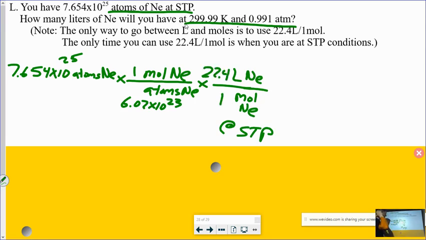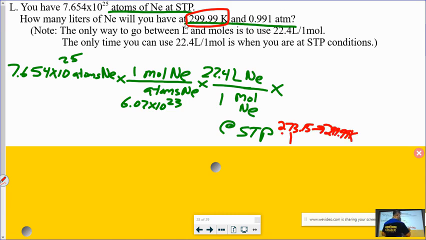So we are at STP conditions, and we're going to go to the conditions in the problem. All right, so here we go. Change colors just so it's a little bit easier to see. We're going to be going from standard temperature to the temperature that they give us in the problem. So we're going to be going from 273.15 to 299.99 Kelvin.